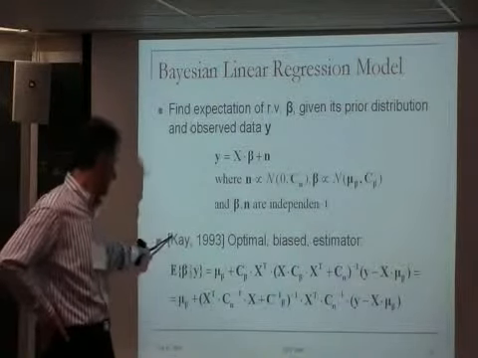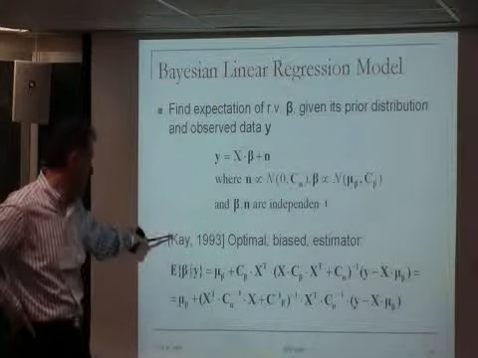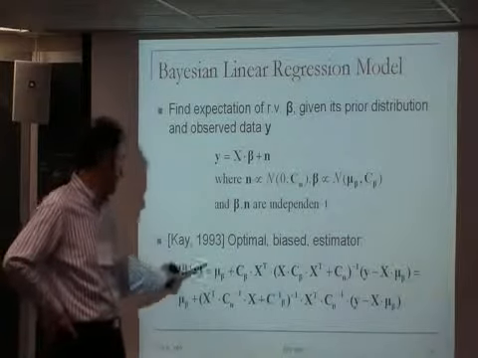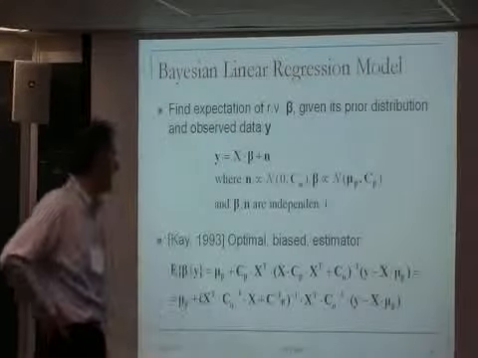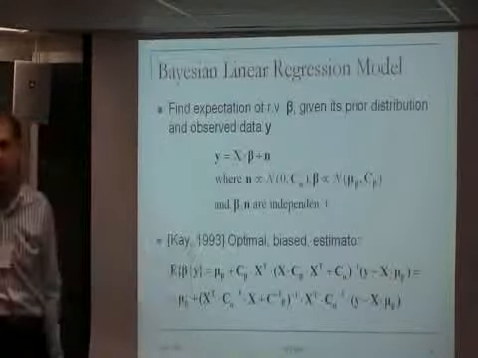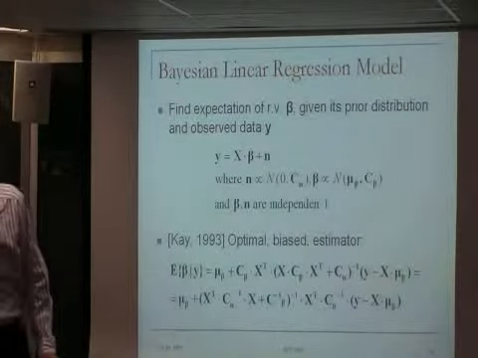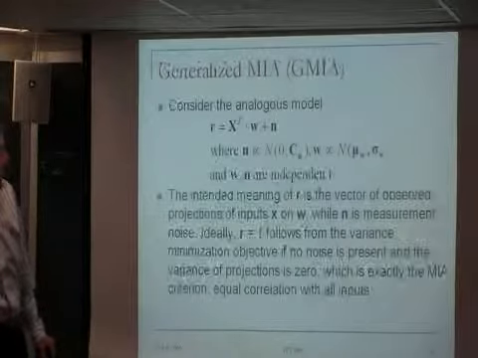I give a reference here. So the expectation of beta given y looks something like this and depends on all these things, including our assumed parameters. That's a minimum mean square error estimator.